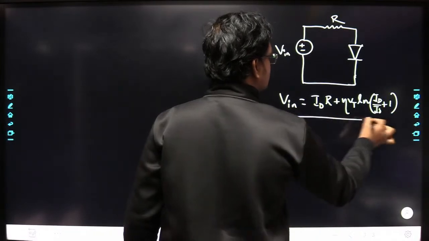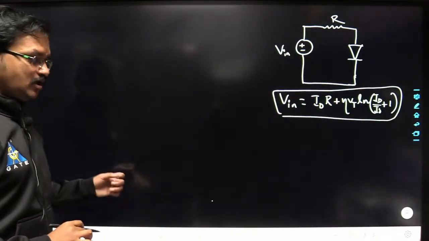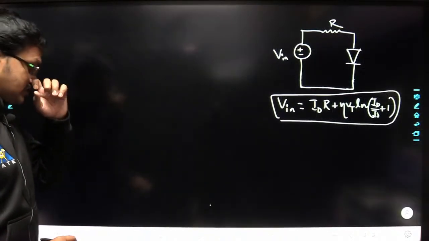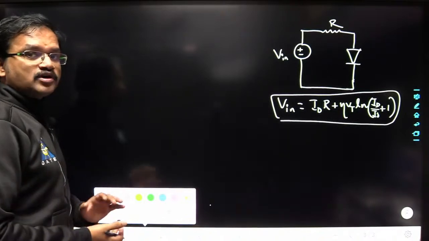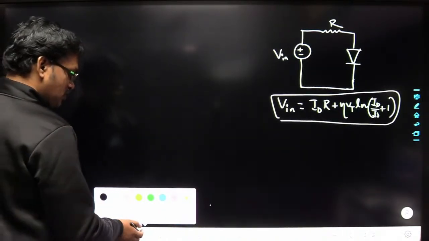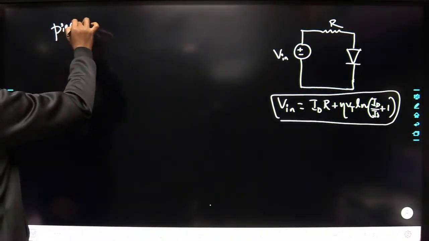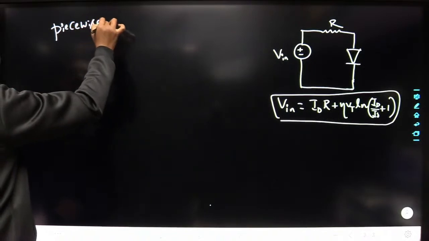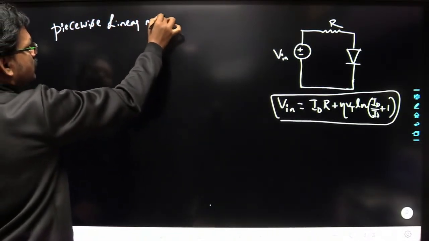This is the equation we got if we do the exact analysis. Solving that equation is very difficult, so we are going to follow approximate analysis, which is nothing but the piecewise linear model. How we can develop this piecewise linear model, we are going to see here.